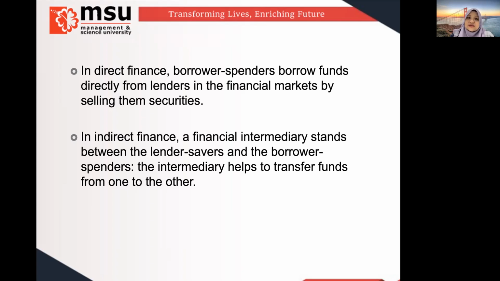Financial intermediaries have the ability to assess the capability and capacity of the borrower. That's why we have credit ratings. Before we take up any loans or borrowings, there are lots of credit ratings that we have to qualify for.